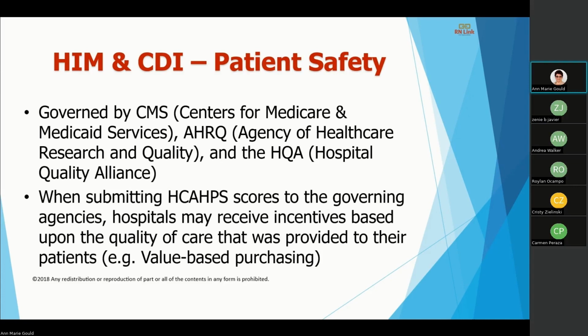That's another external quality organization that collects all this data. So when you're submitting your HCAHPS scores to the governing agencies, hospitals may receive incentives based on the quality of care they provided to their patients, which is all part of the value-based purchasing program for hospitals, or they may not receive any incentive whatsoever if they got a low HCAHPS score. Okay.